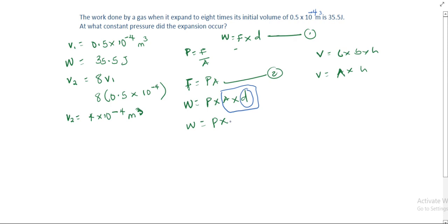So we have work done equals pressure multiplied by volume. Since the gas is expanding, the volume is changing. Therefore, our work done equals pressure multiplied by the change in volume. This formula is what we'll be utilizing to solve this question.